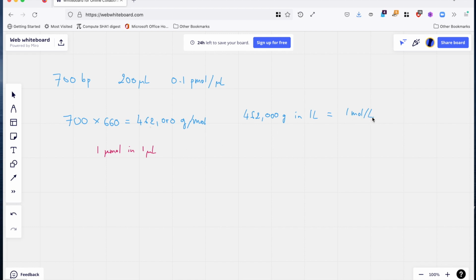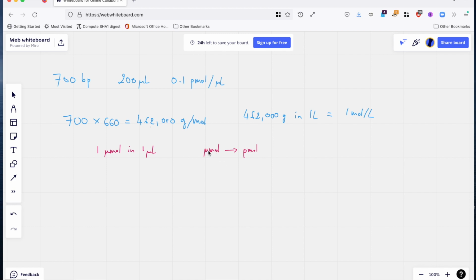Okay, we use the micro unit here, so 1 micromole in 1 microliter is the same as 1 mole per liter. All right, but we don't want a concentration of 1 micromole per microliter. We want a concentration of 0.1 picomole per microliter. So the question now is, how much smaller is 0.1 picomole compared to 1 micromole? So you have the micromole, and to go to the picomoles, you dilute by 1 million.